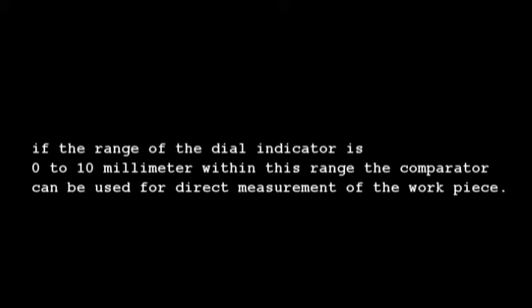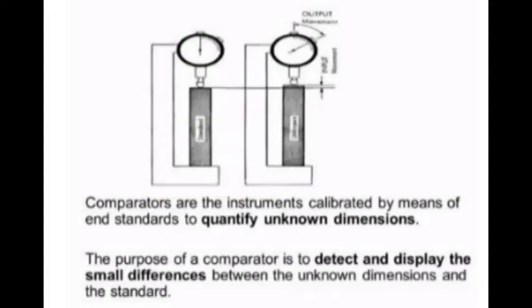Now this figure shows the basic system of the mechanical indicator. We have a stage where the standard and the workpieces can be placed, and there is a column to which the comparator can be mounted.